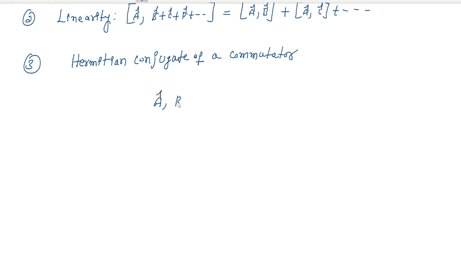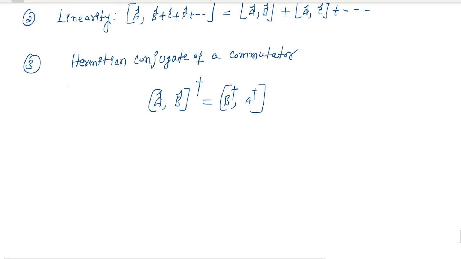[A, B], if you apply the Hermitian conjugate, you get [B dagger, A dagger]. This is the Hermitian conjugate of it.